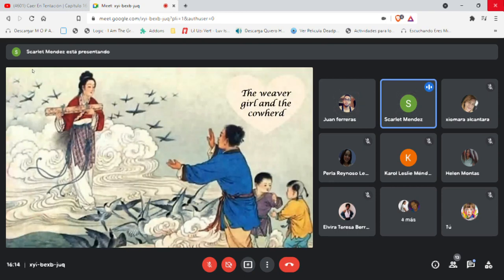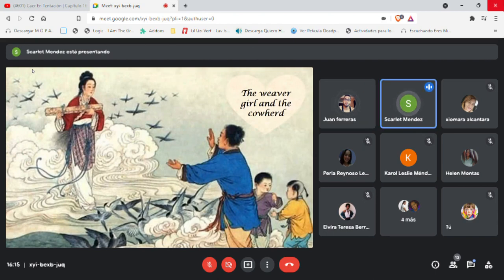And this is the legend about the weaver girl and the cowherd. This is another rather sad love story. It is the one of the weaver girl Zhinu, daughter of the goddess, and the cowherd Niulang. They fell in love, married, and had children.